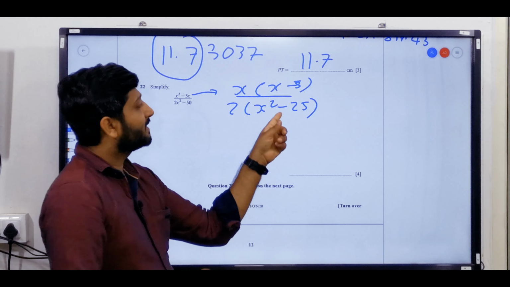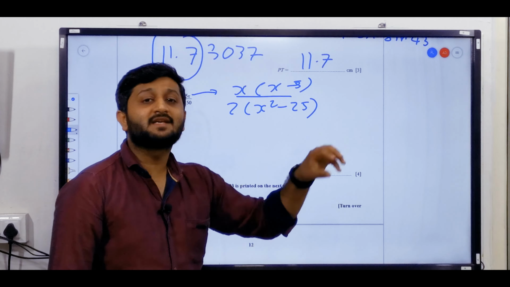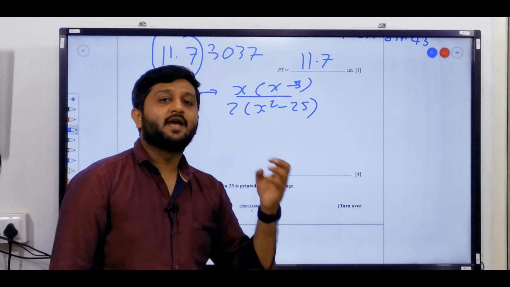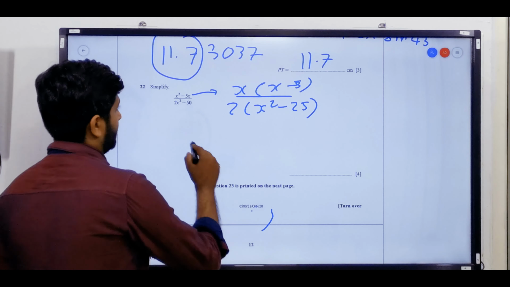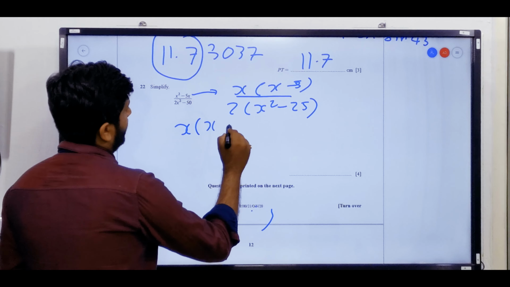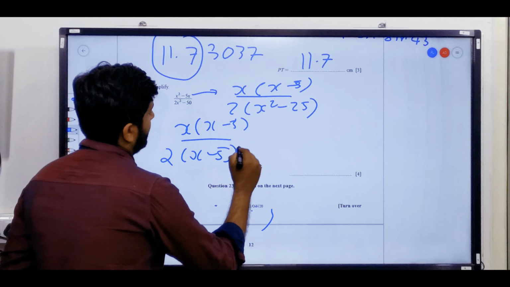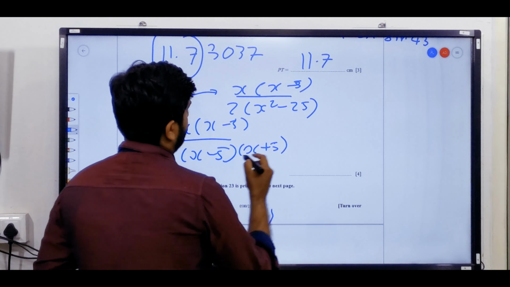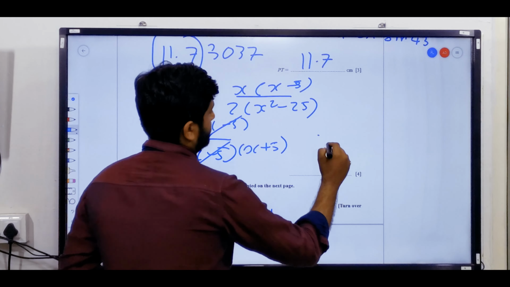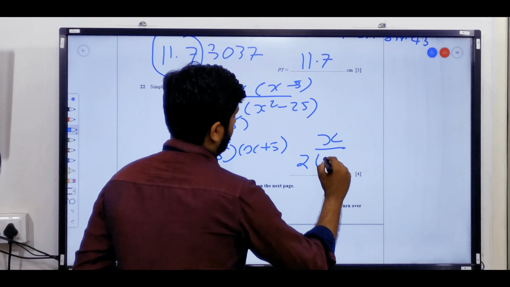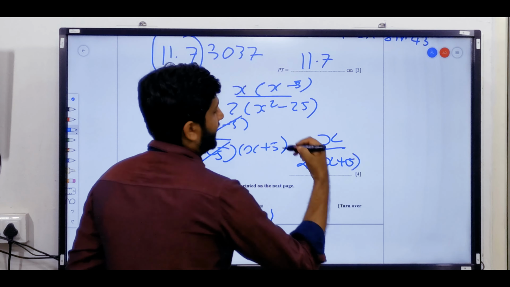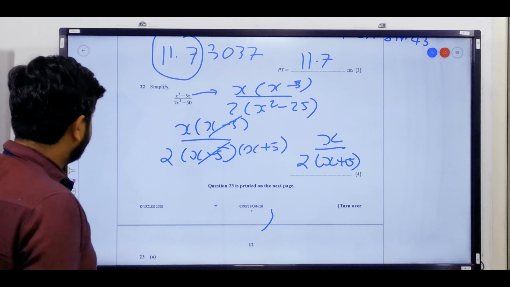This is a square minus b square, x square minus 5 square. So I can write it as x plus 5, x minus 5. Now I can write this as x minus 5 into x plus 5. So this will be x upon 2 into x plus 5.